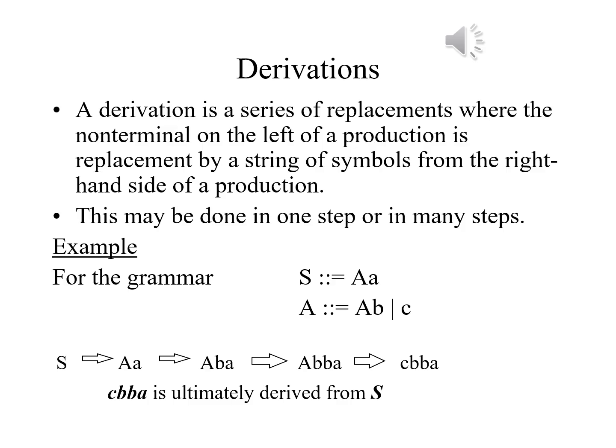S will derive capital A, little a. That in turn will derive capital A, little b, little a. That in turn will derive capital A, little b, little b, little a. And from that we can derive little c, little b, little b, little a. C, b, b, a can be said to be ultimately derived from S.